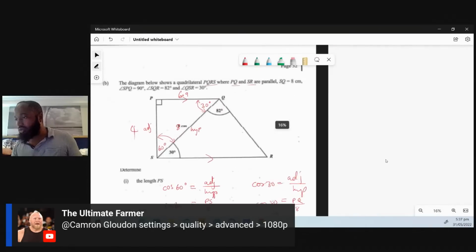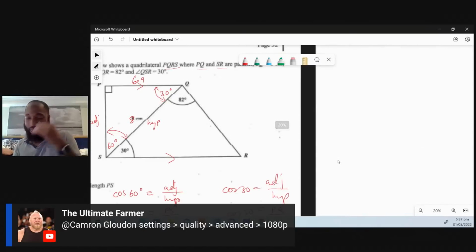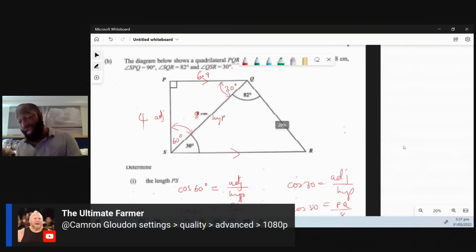To find the area of a trapezium, you add the parallel sides, then find half of it, then multiply by the height. So we need to get this side. That shouldn't be a problem, because we could use something called the sine rule. Can we?